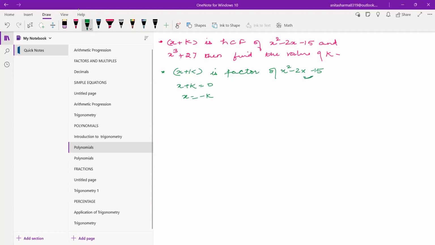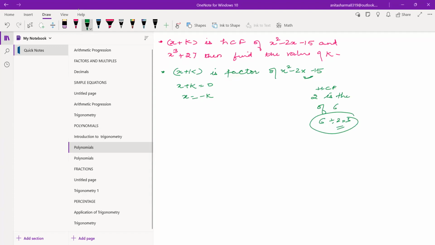So suppose I am saying that 2 is the highest common factor of 6. What do you mean by this? It means 2 divides 6 completely, beta. So the remainder will be 0, na? Am I correct?